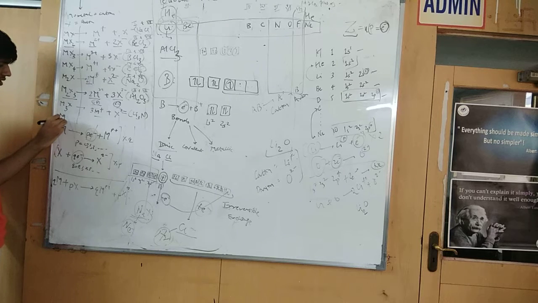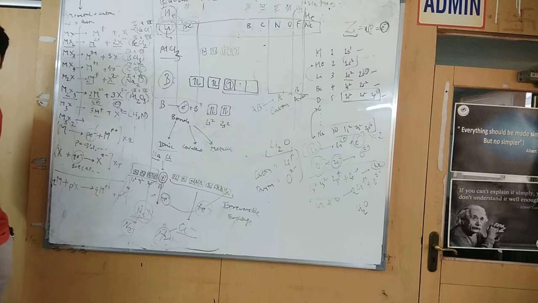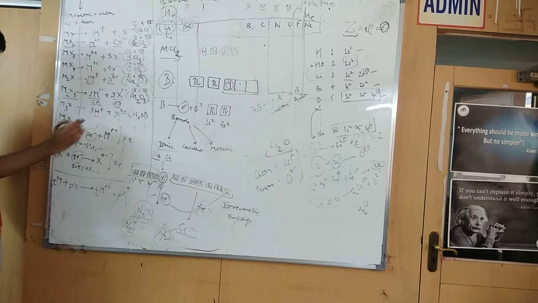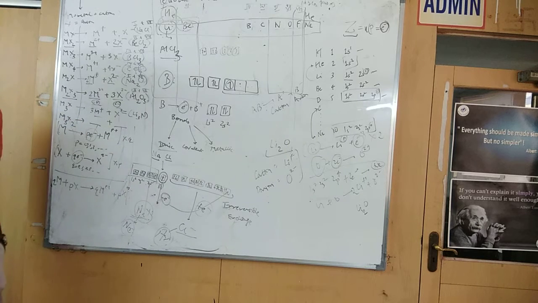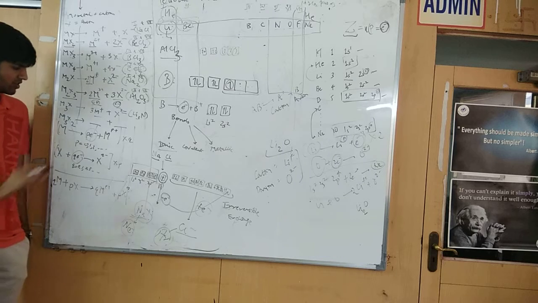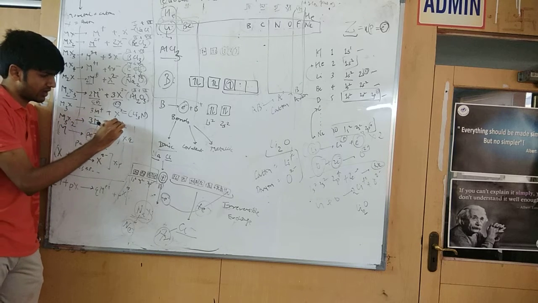If I take M3X2, what will happen? M3X2. How will this break? First of all, there are 3 M, write that much. And there are 2 X, right?